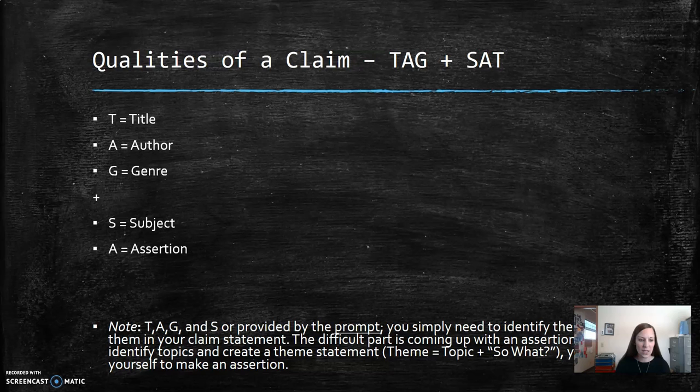An assertion, that's really the root here of the so what, and then of course your theme, which you just adapt from the theme statement you created. And so then just a quick little reminder here, these things are usually provided by the prompt. You just need to identify them and express them in your claim. And just a reminder, theme equals topic plus so what.